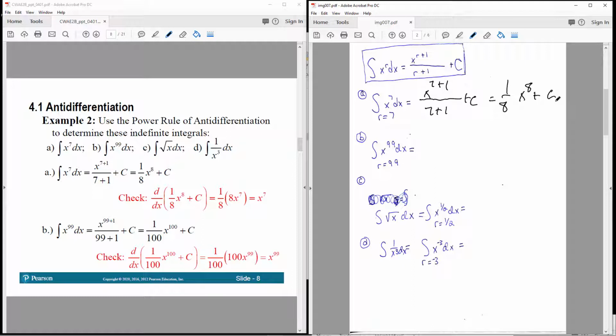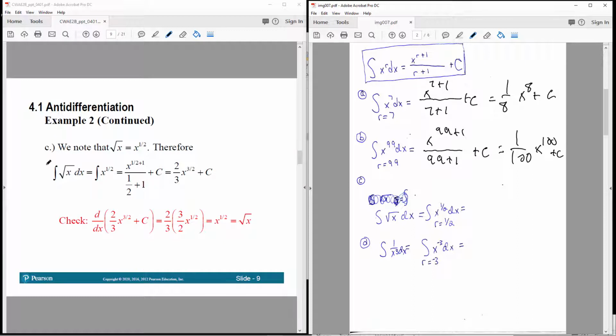The next one I have, I'm going to have x to the 99 plus 1 divided by 99 plus 1 plus c, which gives me 1 over 100 x to the 100 plus c. And that's a and b.